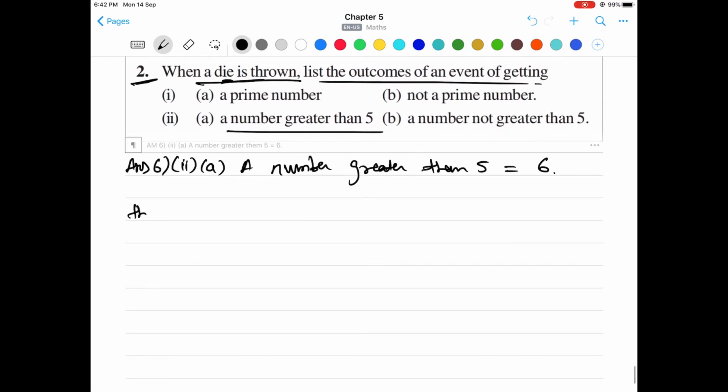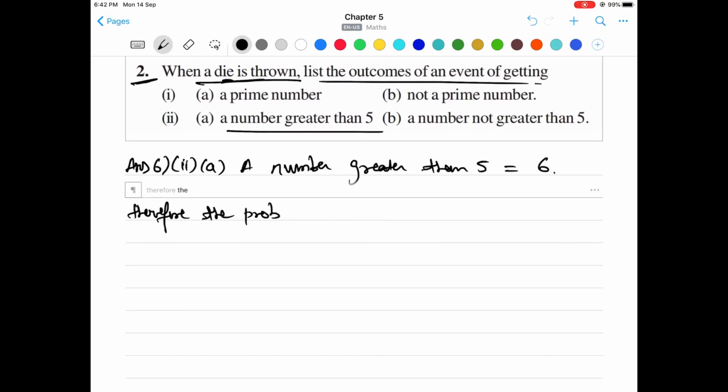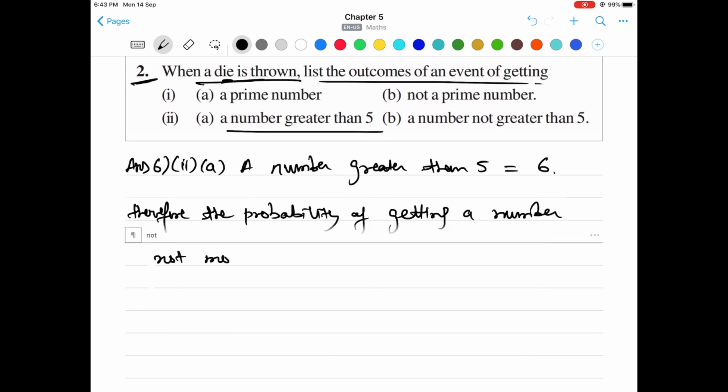So therefore the probability of getting a number greater than 5 is, we have only one number and the total outcomes are 6. The probability is 1 by 6.